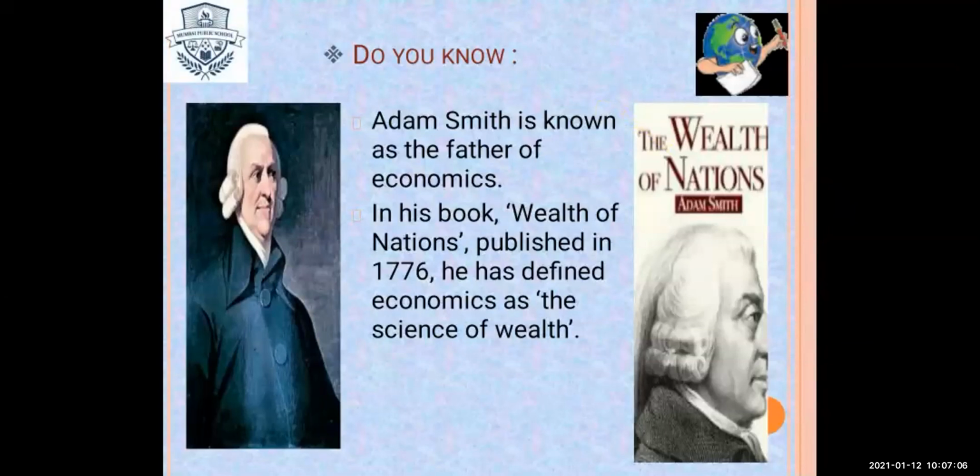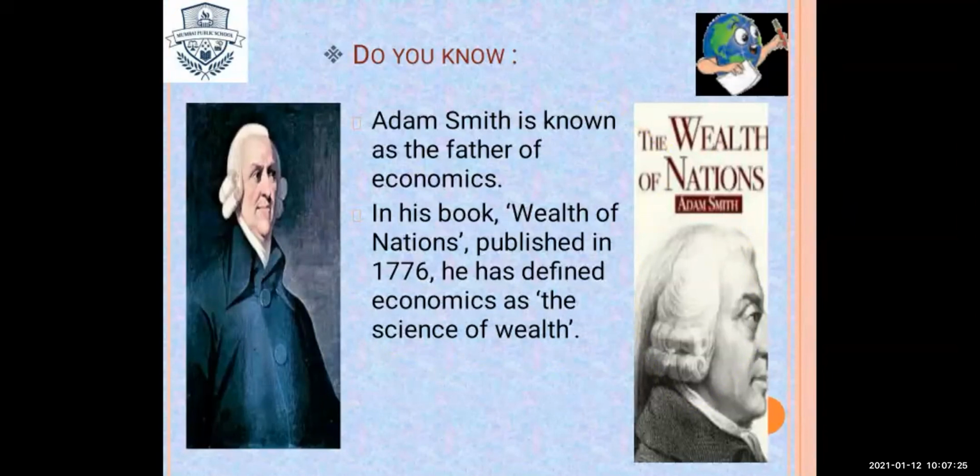In his book Wealth of Nations, published in 1776, he has defined economics as the science of wealth. You can see the image of this book. Whenever you find this book, please go through it, students.